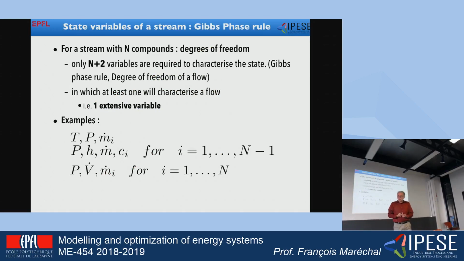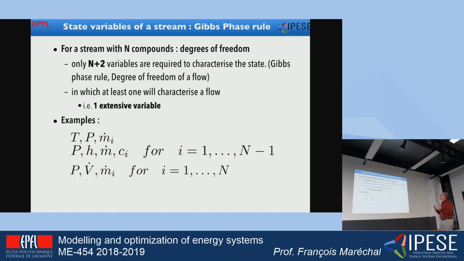And it's important to know the number of degrees of freedom of a flow, because we need to calculate all the flows, and we now have the conviction that we have an equation that is going to give us all the information that we need, provided that we fix the right number of values. So what is this number of values that we have to fix in order to characterize the state?